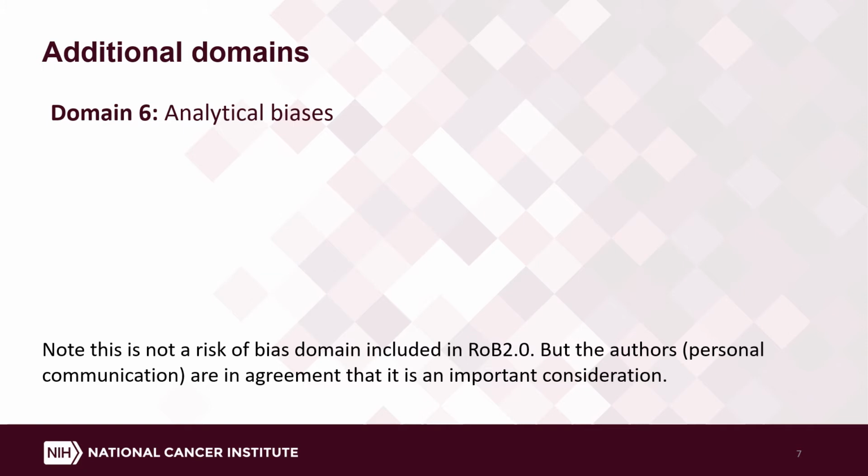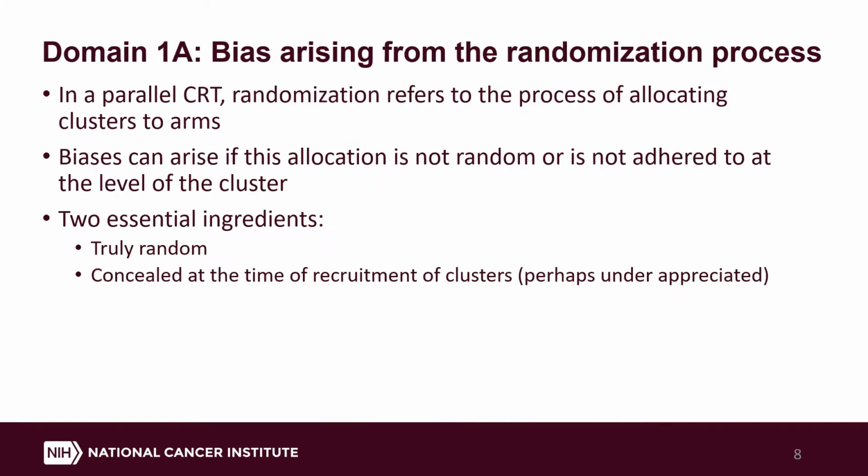This here has been called domain 6. We're going to call it Analytical Biases, but of note, this is not a risk of bias domain that is included in the official ROB2 tool, but nonetheless, the authors of the ROB2 tool are in agreement that this is of importance, and so that's why we're going to consider it here.